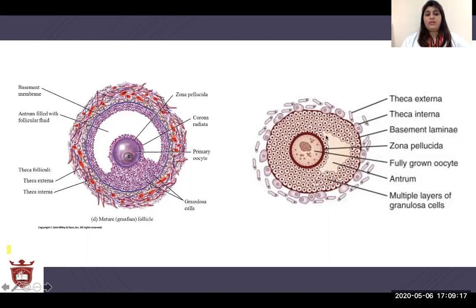Over the period, these cells grow very fast. Within 10 days, these theca cells develop and bind the luteinizing hormone. Similarly, these granulosa cells bind the follicle stimulating hormone. Between 10 to 14 days, these granulosa cells also develop receptors for luteinizing hormone.